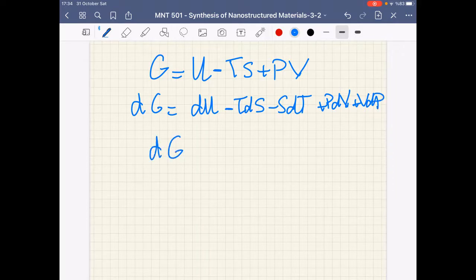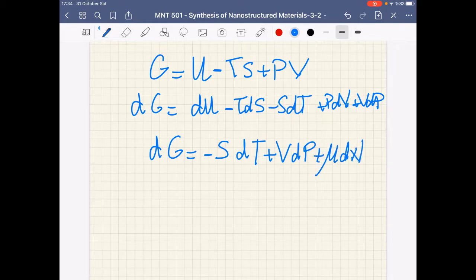And then dG will be equal to, since these terms will cancel out, minus S dT plus V dP plus mu dN, because TdS is equal to minus P dV plus mu dN. Okay.